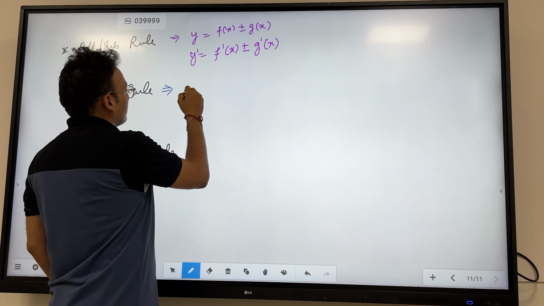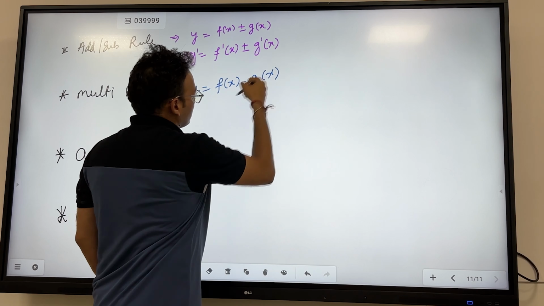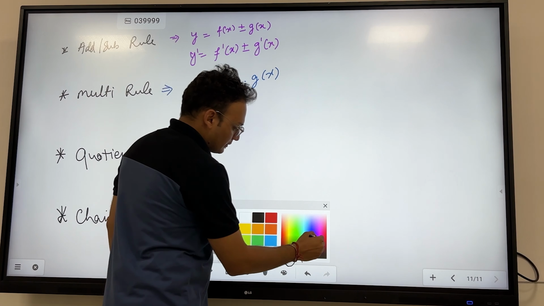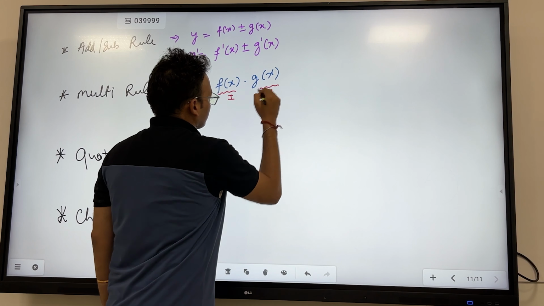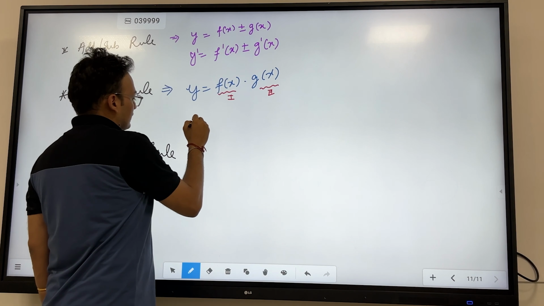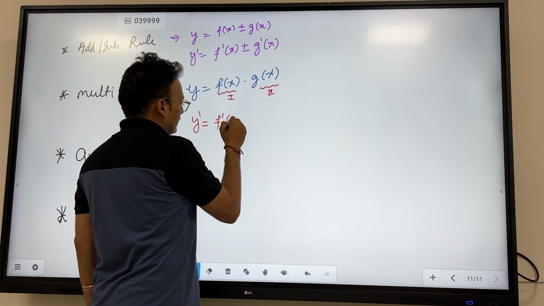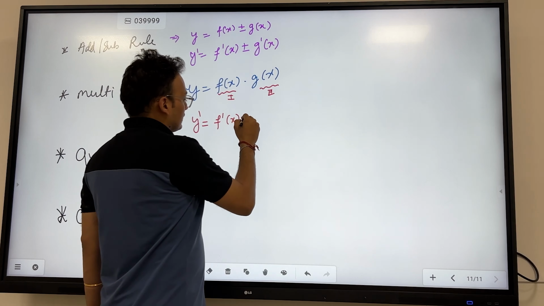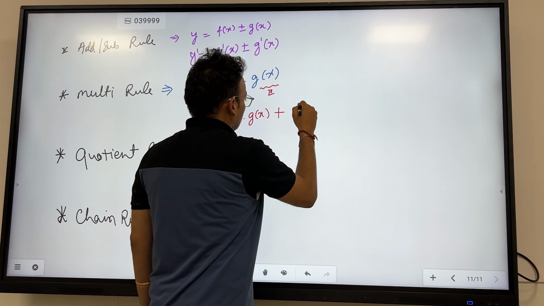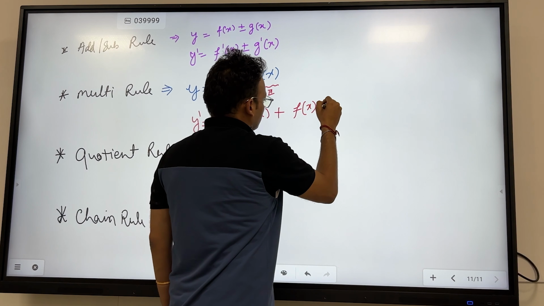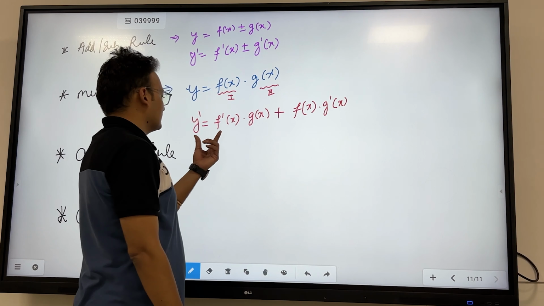Let's talk about the multiplication rule. If we have y is equal to f of x times g of x, how will you remember this rule? For remembering this rule, I will say this is the first function and this is the second function. So y dash is equal to the differentiation of the first function times the second function, plus the first function times the differentiation of the second function.